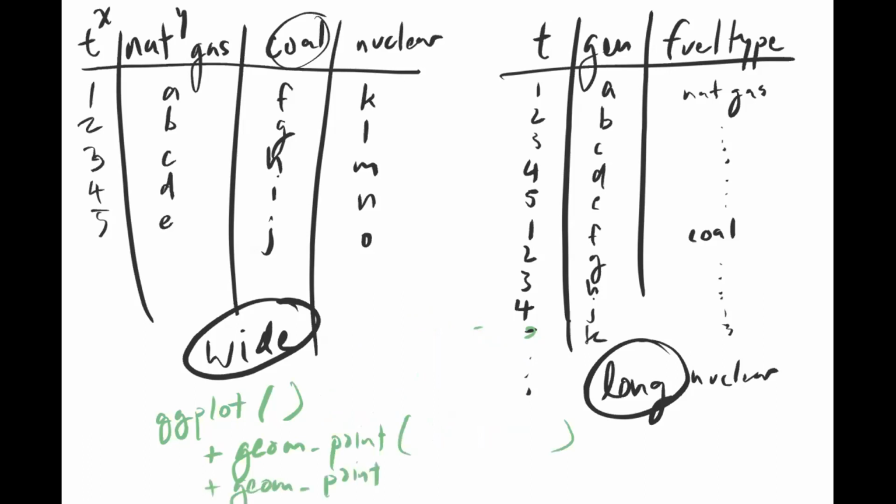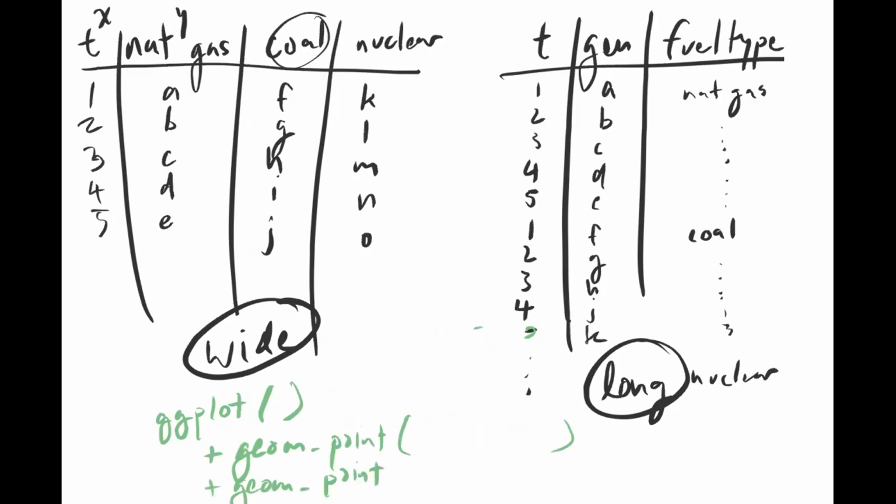Suppose the data set is called generators, or gen for generators. Then you just need to subset it to fuel type equals nat gas.